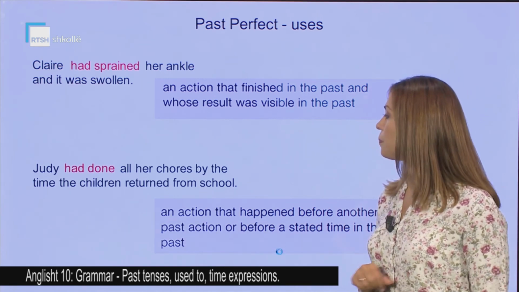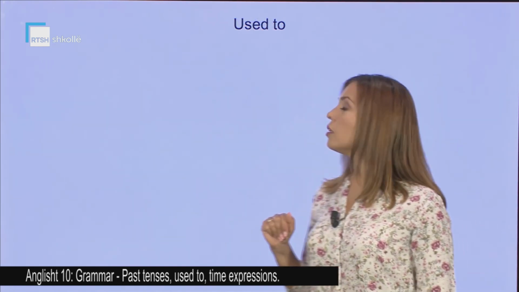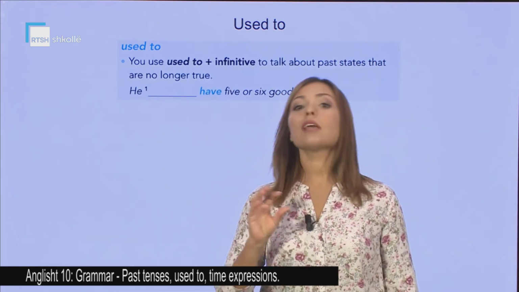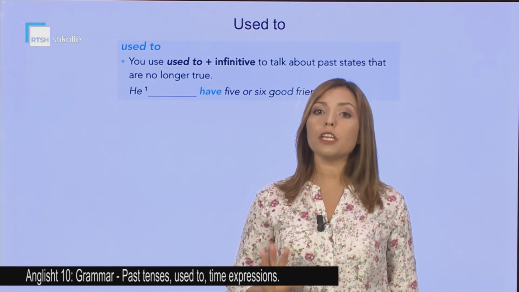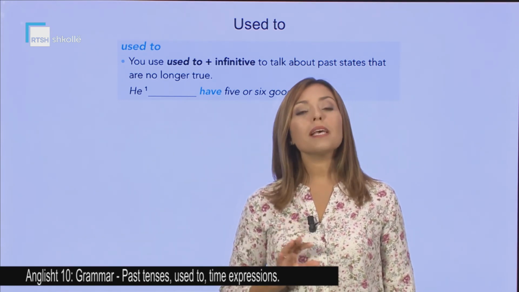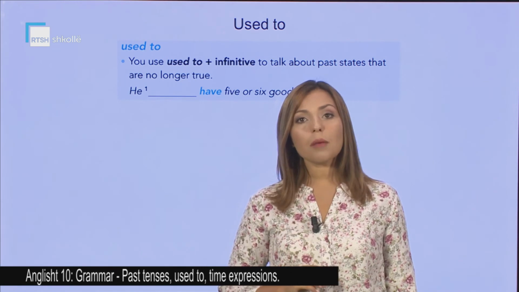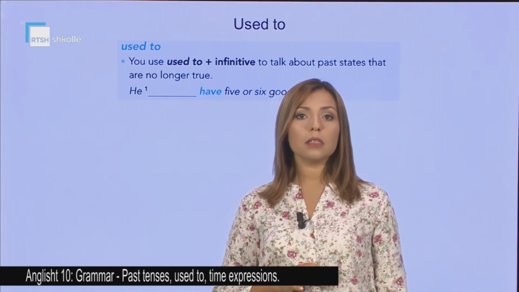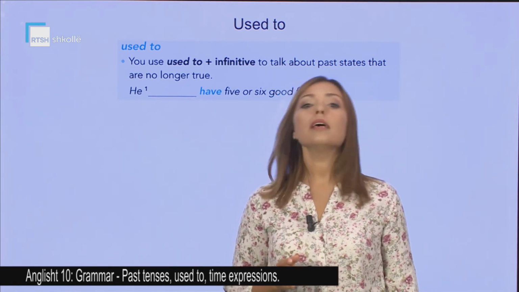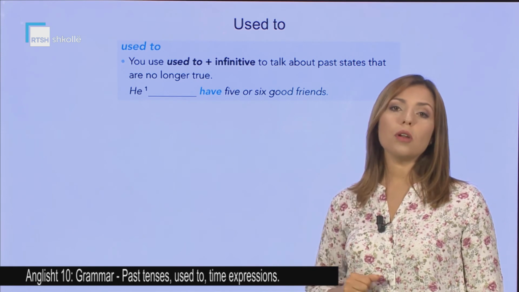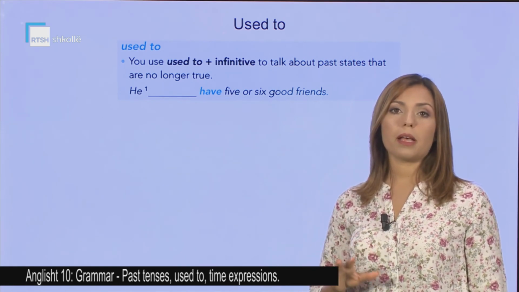All right. So we talked about past simple, something that happened in the past finished at a specific time. Past continuous, something that was in progress in the past at a specific time. And the past perfect, something that happened before something else in the past.